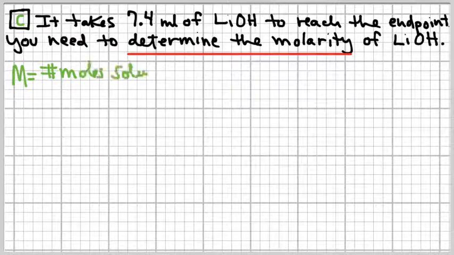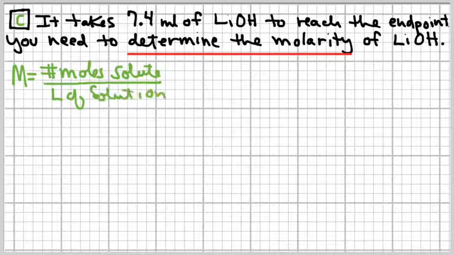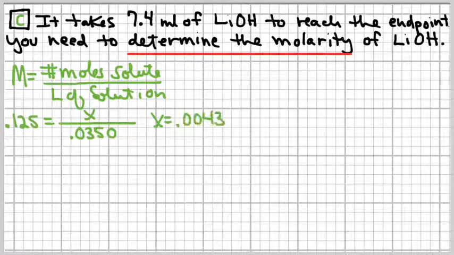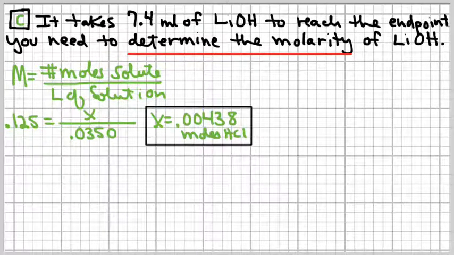I'm going to have to use the definition of molarity, the number of moles of solute per liter of solution, and I'm going to first apply that to the hydrochloric acid because I know two of the three things about the hydrochloric acid. I knew its concentration, and I knew the volume that we obtained. In that 35 milliliters, I know there are 0.00438 moles of hydrochloric acid.